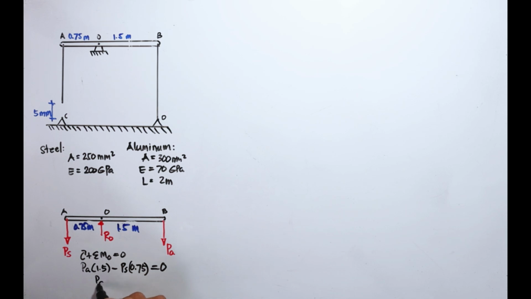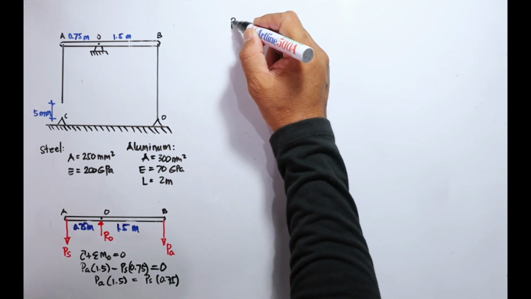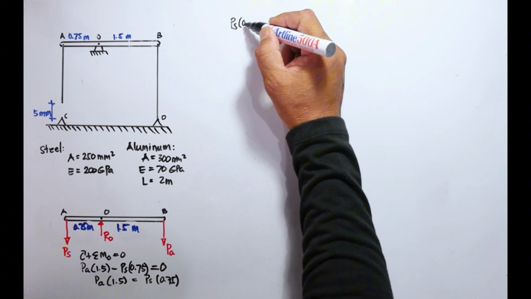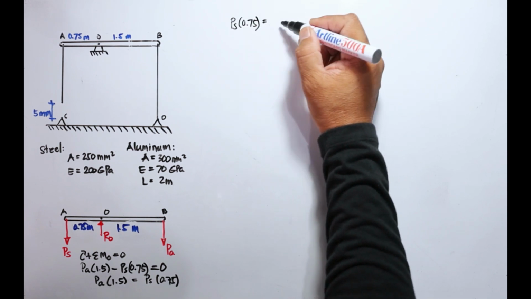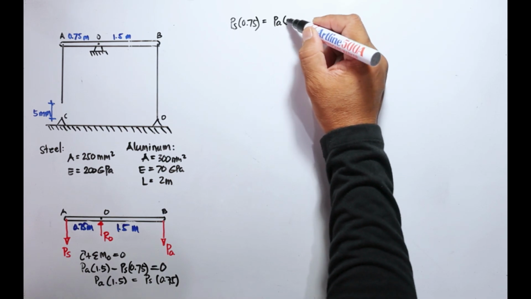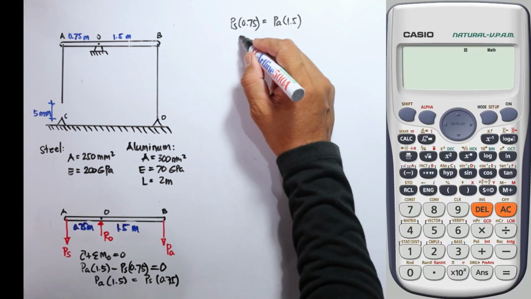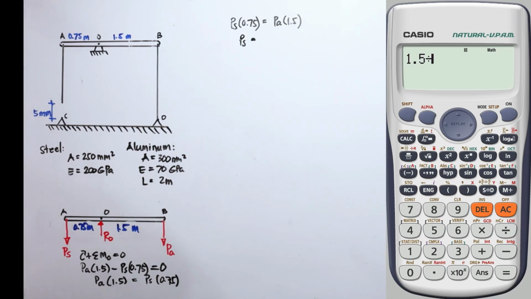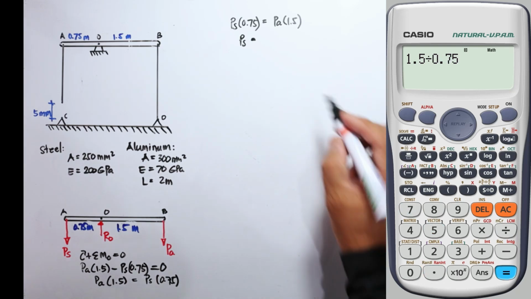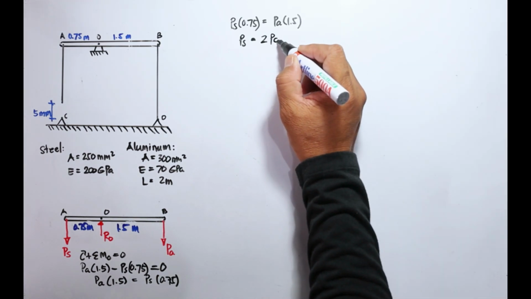We have P sub A times 1.5 equals P sub S times 0.75. Since we are asked for the stress in aluminum, let us express our P sub S in terms of P sub A. So that's 0.75 times P sub S is P sub A times 1.5, or P sub S equals 1.5 divided by 0.75, which is 2 times P sub A.